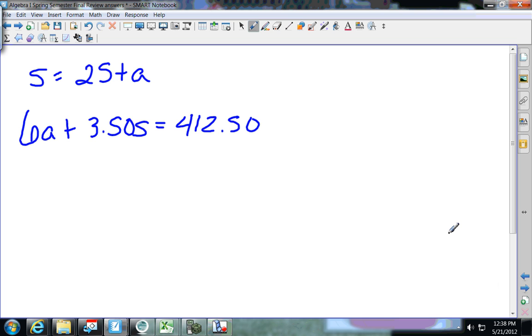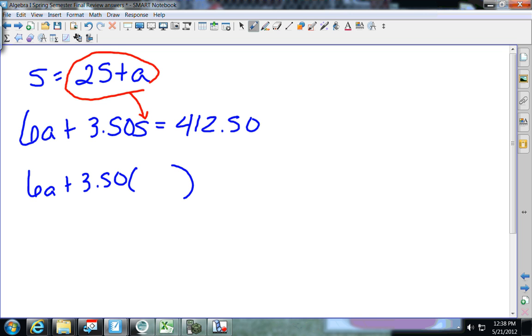So from this problem, say we wanted to solve it. This is already set up to be used for substitution, just to remind us how this works. You would take what S equals, substitute it in here for S. You have 6A plus 3.50 times S, which is 25 plus A, and that equals $412.50.